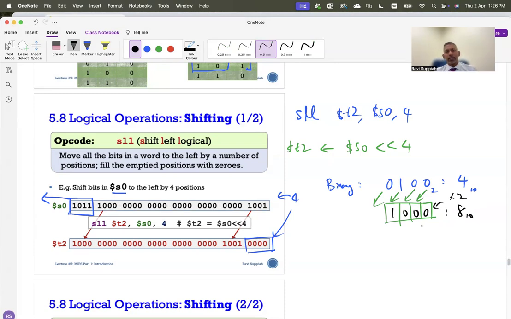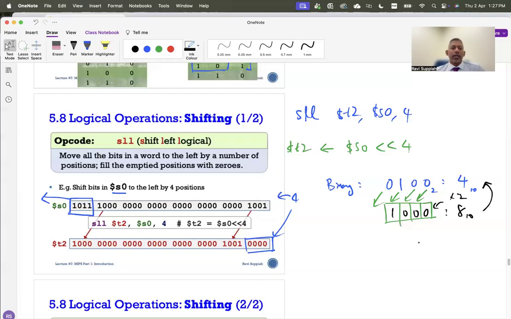So every time you shift left by 1 bit is equivalent to multiplication by 2. Shift right is division by 2. If I go in the reverse order, instead of shifting left, I shift right, then 8 will become 4, and 4 will become 2, and so on. This is an important concept to note, because multiplication at the hardware level, in a traditional sense, is very expensive, in the sense of the number of clock cycles it will take.